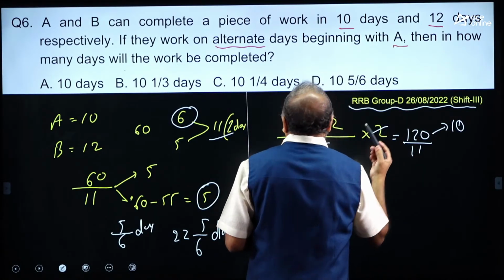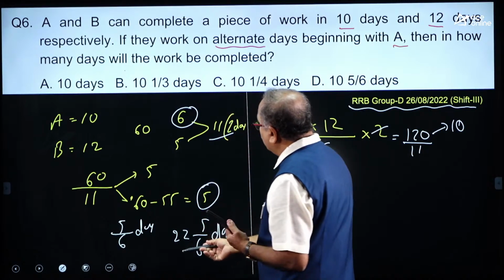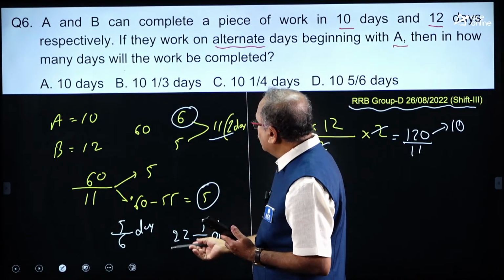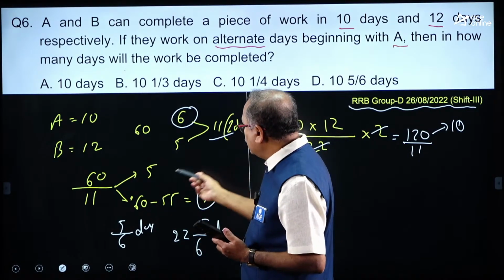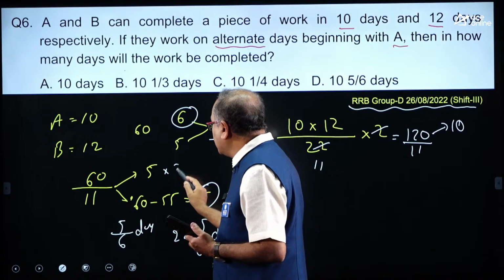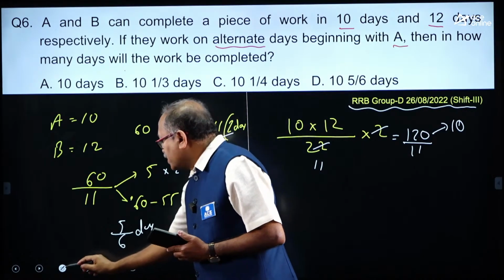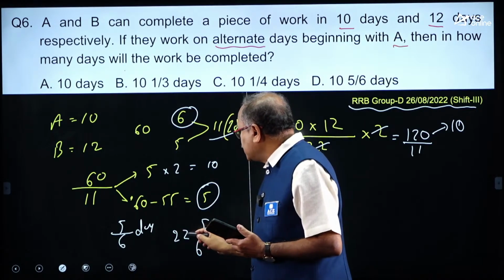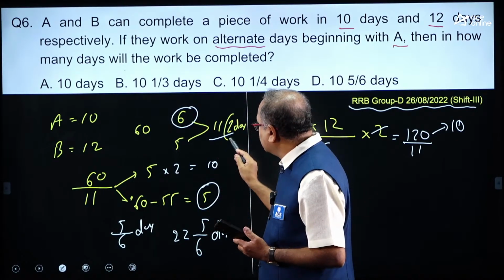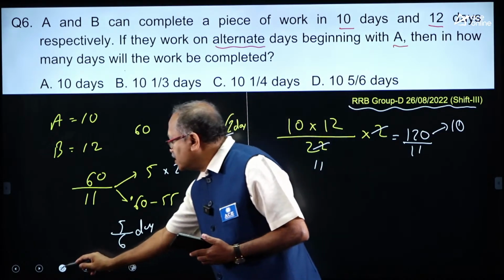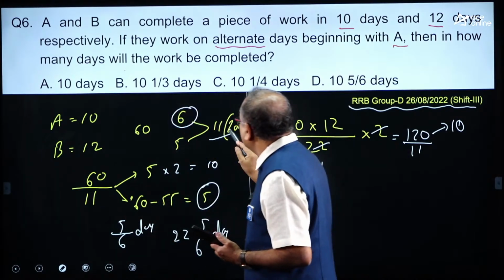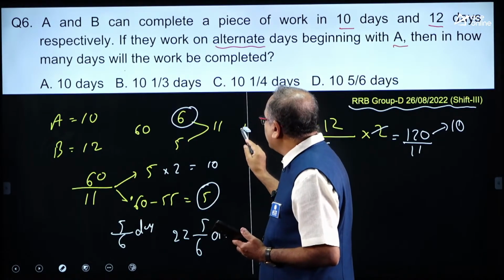Why did I get 22 here? 11. Acha, this is 5. I need to multiply this 5. I am getting 10. So I by mistake multiplied this by 2, not this by 2.